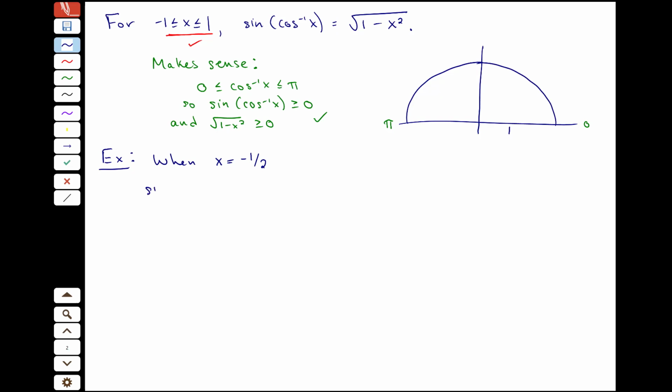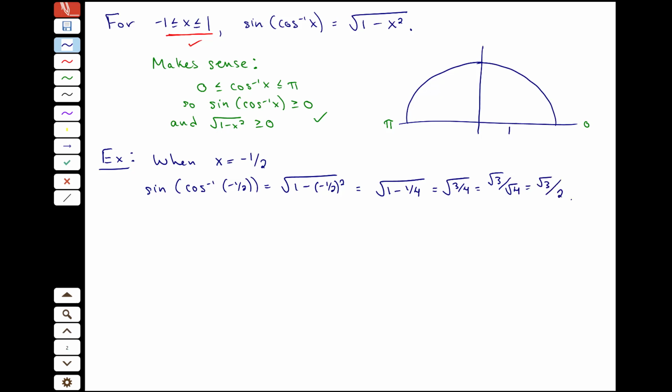So on the one hand, if we use this formula that we have at the top of the slide, I know that sine of arccosine of minus 1/2 is going to be the square root of 1 minus negative 1/2 squared. So this is the square root of 1 minus 1/4, which is the square root of 3/4, and I can simplify this as root 3 over root 4, and so this is the square root of 3 divided by 2. So that's what I get using the formula on the top of the page.